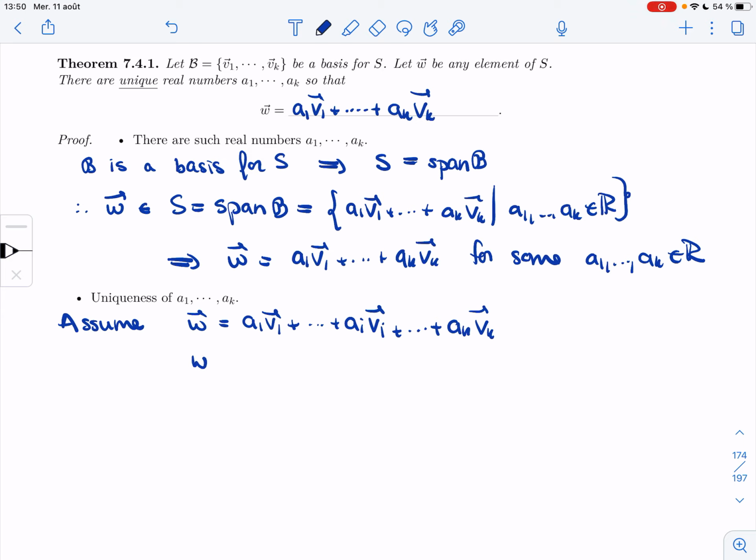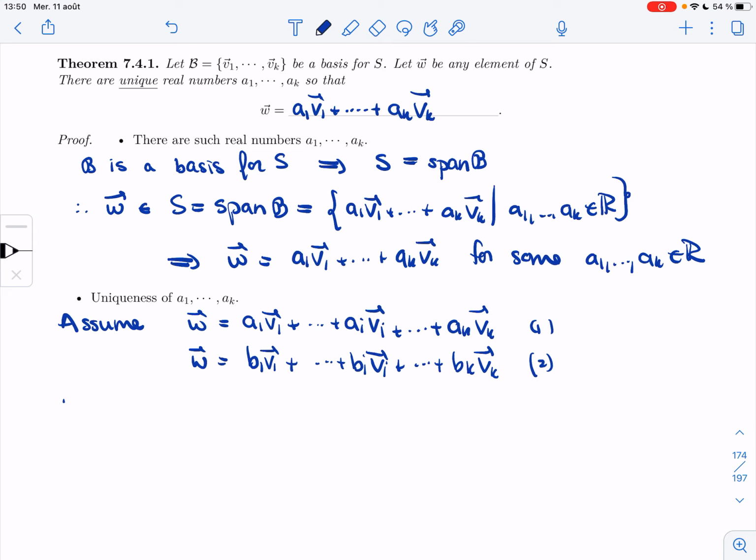But also W is B1 V1 plus BI VI plus BK VK. So let's assume that I have two ways of writing W as a linear combination.